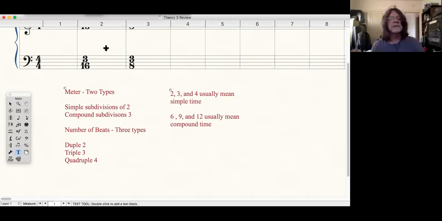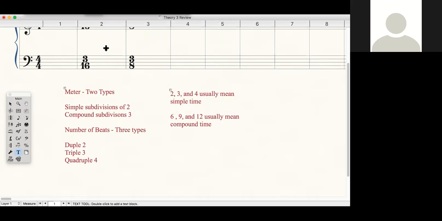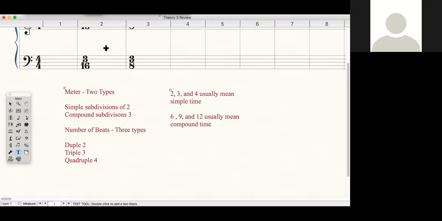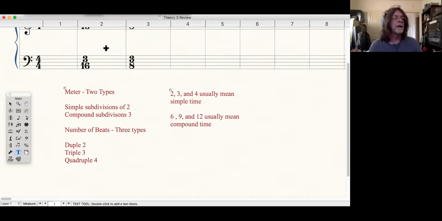So what's 3/16? 1, 2, 3. 1, 2, 3. Well, the fact is that really they're the same thing. They both have 3 beats in them. They're both simple time. It's just a matter of what gets the beat.